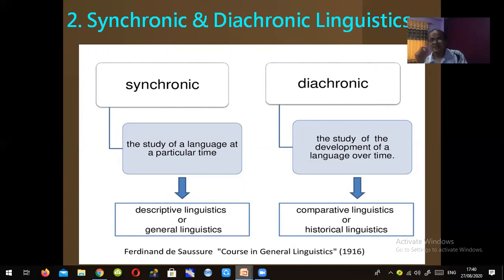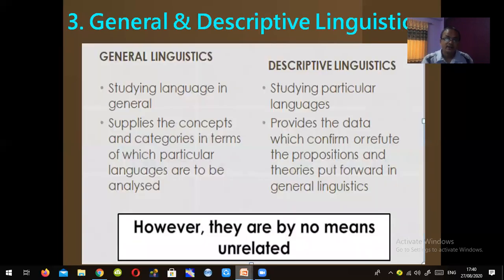It studies the development of language over time. So synchronic linguistics is somewhat parallel to descriptive or general linguistics, and diachronic linguistics is comparative or historical linguistics. Diachronic is in relation to time, synchronic in relation to place, we can say in a simple sense.